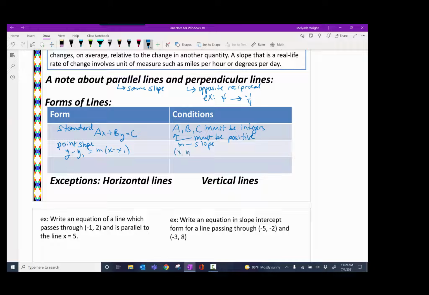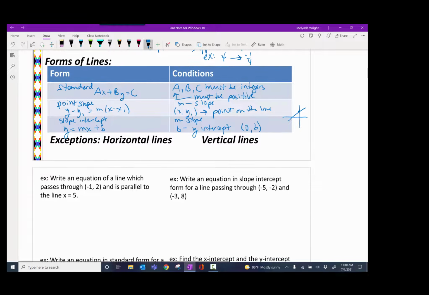I tell you, slope-intercept form is really good for graphing lines. It's y equals mx plus b, where m, again, is the slope, and b is actually the y-intercept. And that would be a point in the form of (0, b), right? Because y-intercept is where it crosses the y-axis. So that would be the y-intercept.